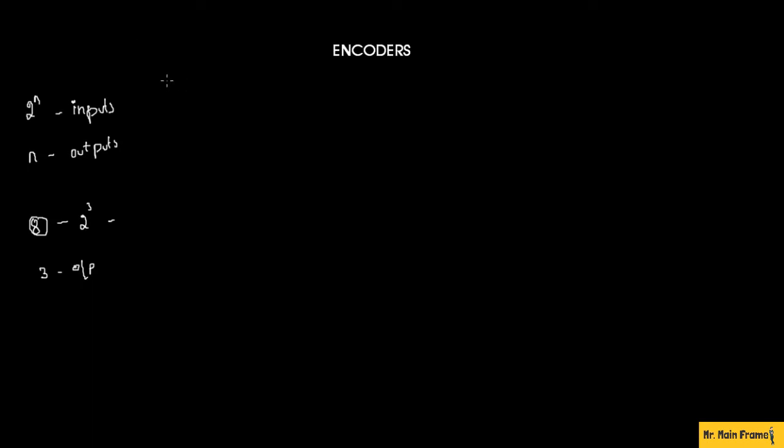So priority encoders, right? You can draw the block diagram of priority encoders. It's very simple to understand, and you can draw something like this, a big rectangle.